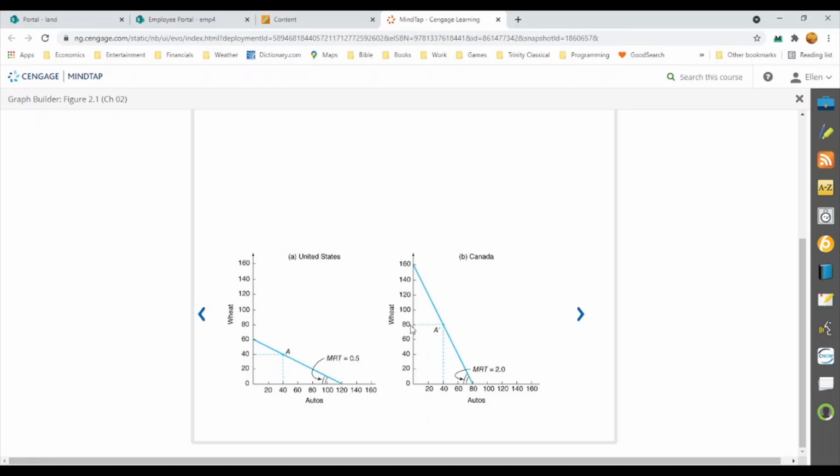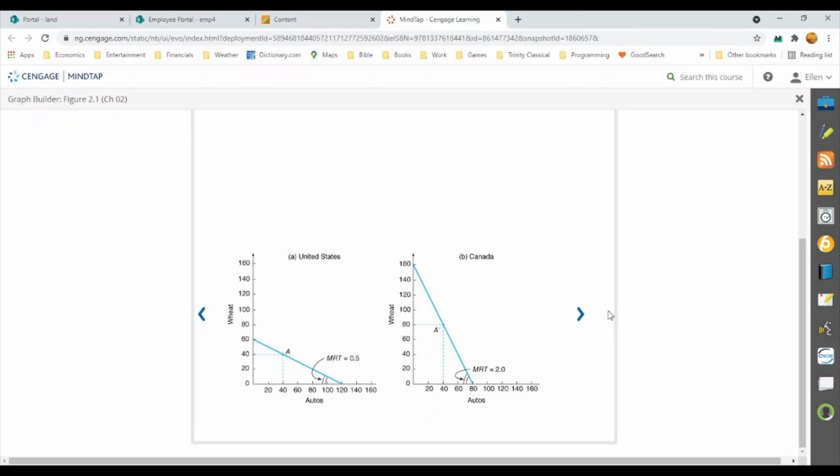And then in the autos, you can add those two together, 40 autos by the US and 40 by Canada. So we, as a world, are making 80 autos and 120 wheat, with both countries producing and consuming only what they can do, right? So the production point is right here for the US, and here for Canada, it's also the consumption point because there is no trading. But that's not the best they can do.